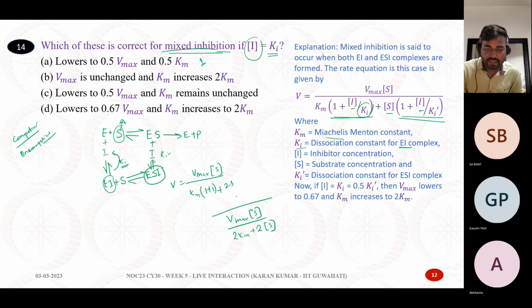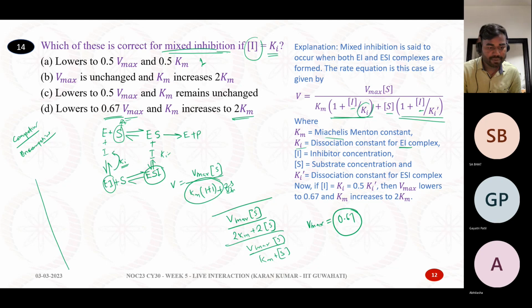And that you divide by the normal Vmax, normal Michaelis constant, Vmax into S divided by Km plus S. What you will see is that your Vmax will be 1/3 lower than the initial Vmax. Okay, so it will be 0.67. It lowers down to 0.67 Vmax. 0.67 is which one? It is 2/3 of the Vmax, and Km is obviously increasing to 2 Km.